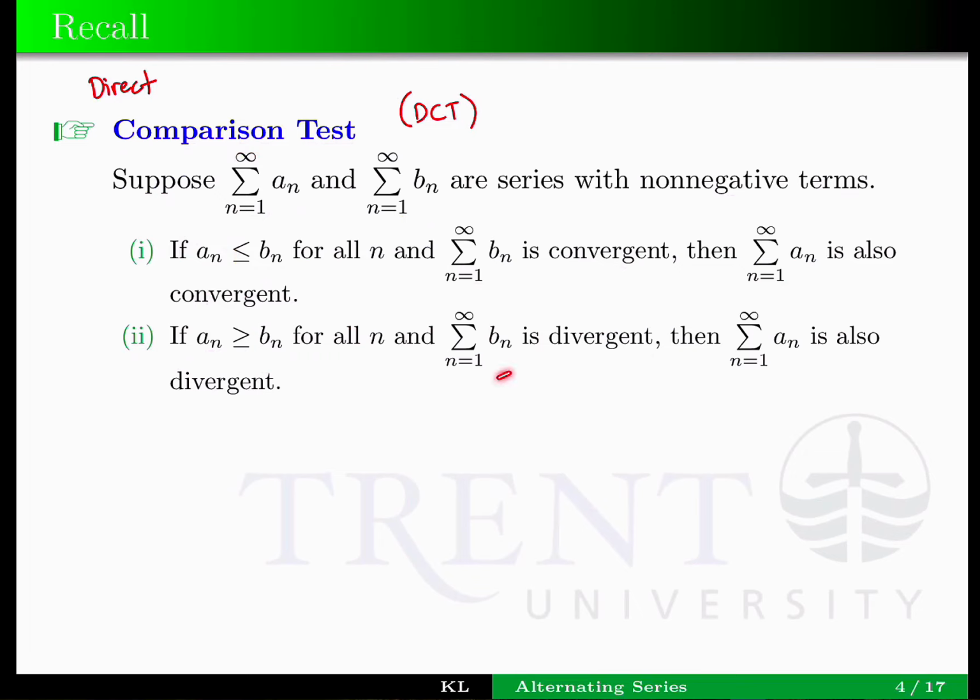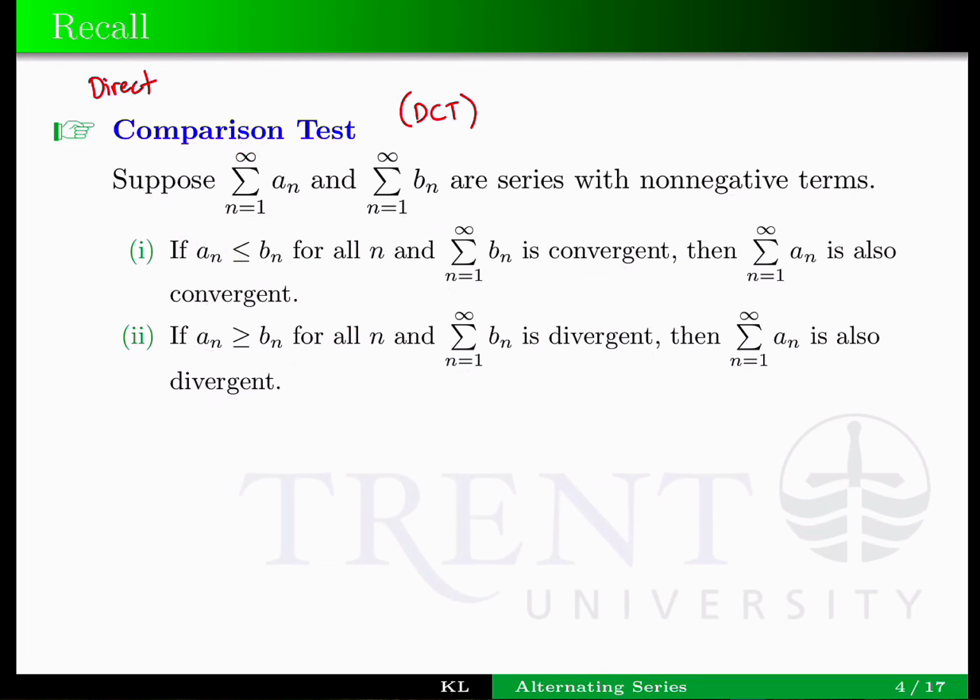Since the terms of your b_n are non-negative, the sequence of partial sums are also non-negative, possibly positive. And this is divergent, so the sum of b_n will just go to plus infinity. So if the smaller series is going to positive infinity already, then the bigger series will definitely go to positive infinity. Hence, we have the bigger series to be divergent.